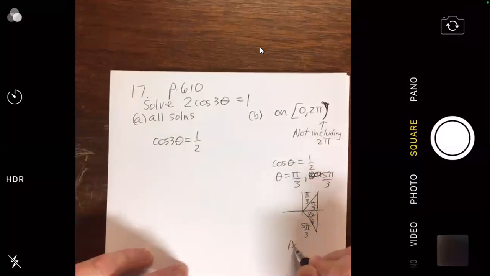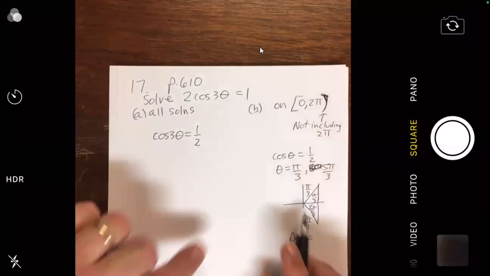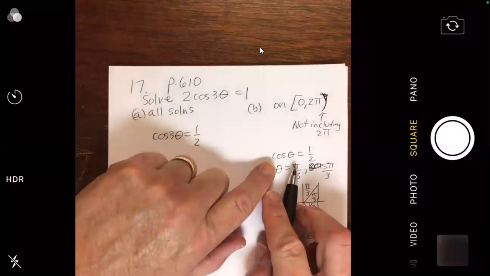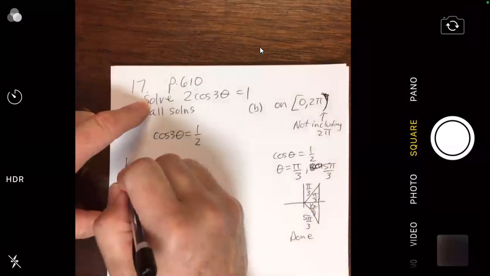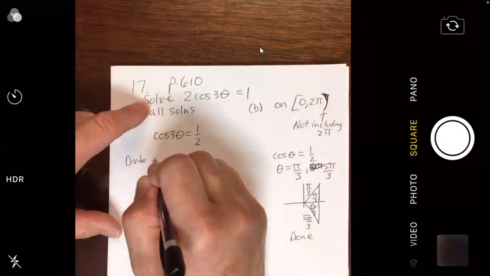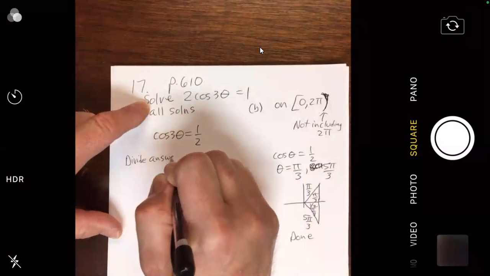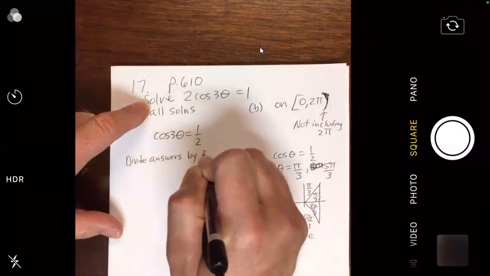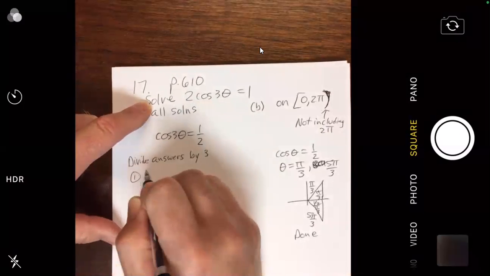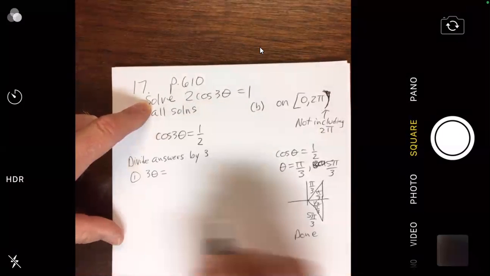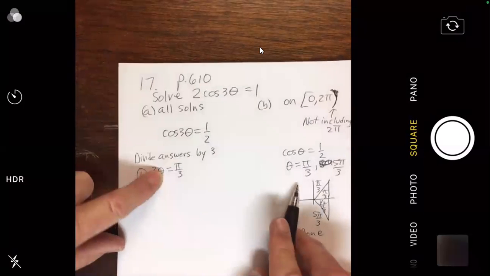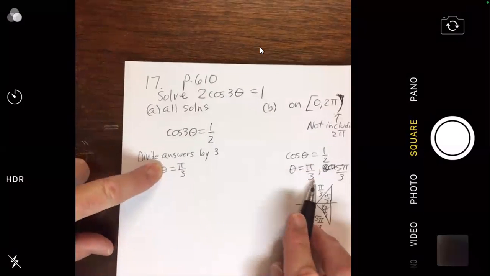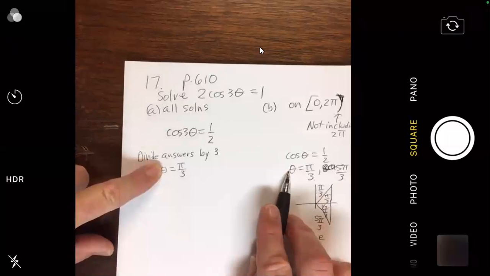And you're done. But you don't have a plain theta. You've got a 3 theta. This is going to divide the answers by 3. So my first cut at it will be 3 theta equal pi over 3. Instead of having a straight theta equals pi over 3 and I'm done, I have a coefficient of 3.